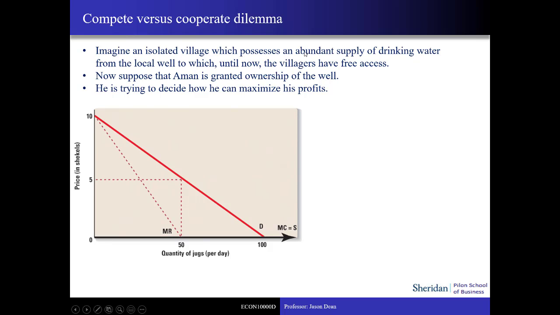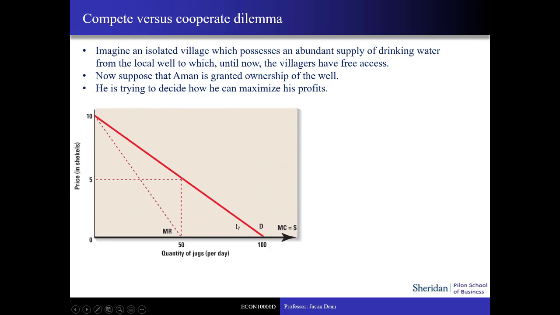Villagers used to have free access, but for whatever reason, Aman is granted ownership of the well. So basically he has a monopoly on water, and his cost structure is here. We're just going to keep things simple and assume, because it's water, that the marginal cost is equal to 0.